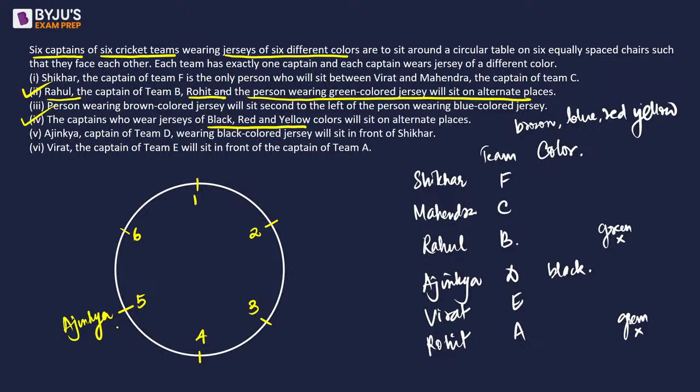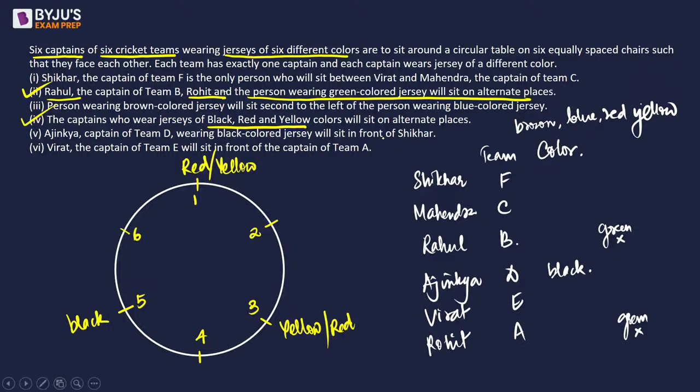Let's start with Ajinkya. Let me write the colors first. So we have got black color here. Once we have black, the combinations we can have is red yellow, or we can have yellow red. Once this is done, next we have to put Rahul, captain of team B, which is, Rahul, Rohit, and green colored.